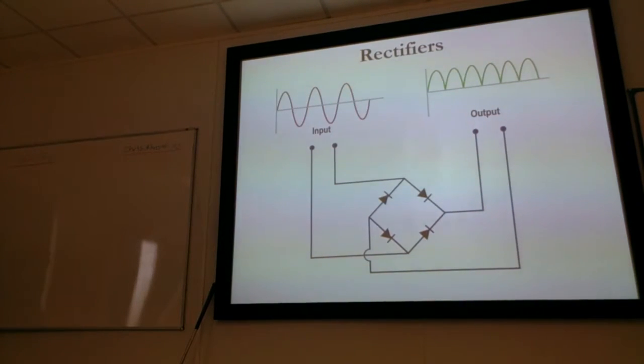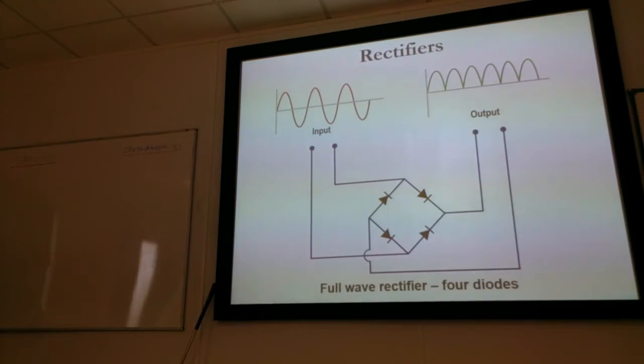If we want a cleaner output of DC from our AC input, then we use 4 diodes. And you can see from that that the flow would allow to flow through this way, but not that way. It would be allowed to flow this way, but not that way. So effectively what we're doing is we're giving ourselves all of those peaks of DC power. So that's a full wave rectifier using 4 diodes.